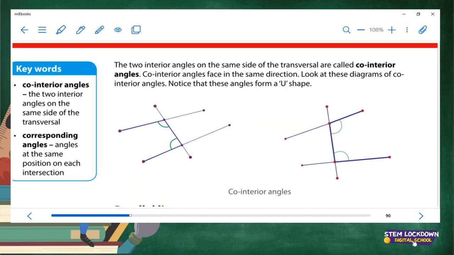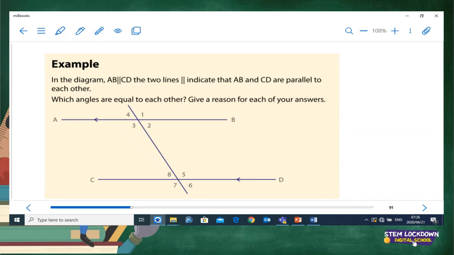And then, of course, you have an example here which I believe we will not be able to exhaust. In this diagram, you can see that the line AB is parallel to the line CD. And this indicates that AB is parallel to CD.